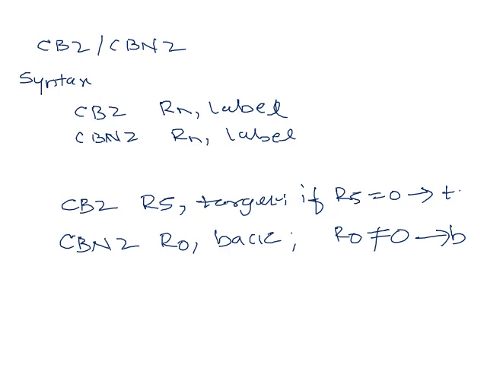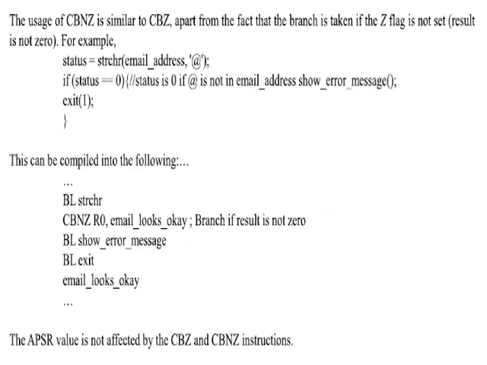After this, if you see the similar kind of example we have given here, we are checking the R0 condition. With cbnz, if R0 is not equal to 0, it should jump to this place, where a few more instructions will be written, and those instructions will be executed.